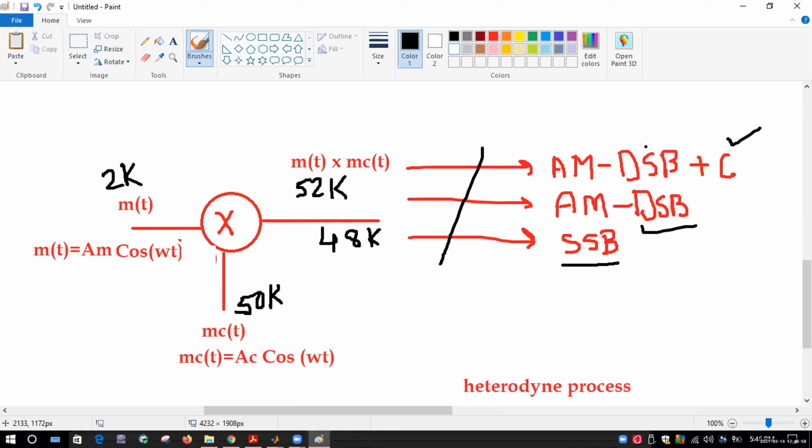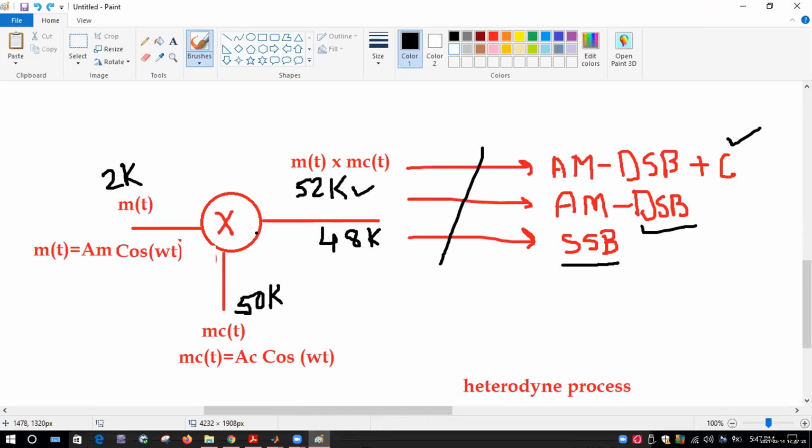If you're using double sideband without carrier, there will be no carrier, meaning 50 kilohertz is missing. There will be an upper sideband and a lower sideband, but no carrier at the output. And in this case, it is this modulator, double sideband. But we also have another type, Sir, with a carrier.